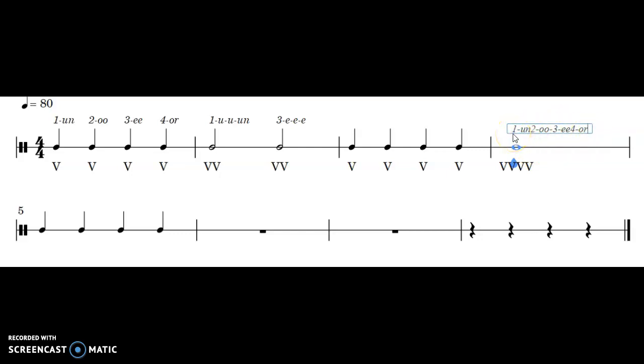So now we have 1, 2, 3, 4, 5, 6, 7, 8 parts of this note. So I'm going to have one number and then one first beat, second beat, third beat, and fourth beat. So we have to account for when your foot tap goes down and when it goes up. So we would count this 1.